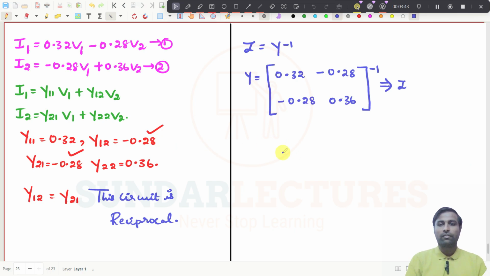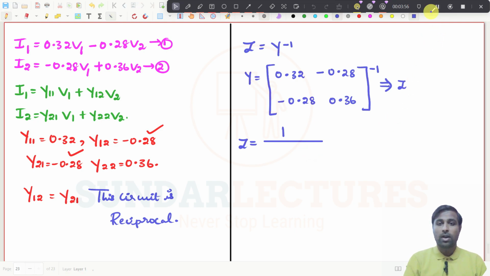So the z parameter will be 1 by, I have to multiply these two, 0.32 into 0.36. I am getting 0.1216 minus, and we need to multiply these two, 0.0784.